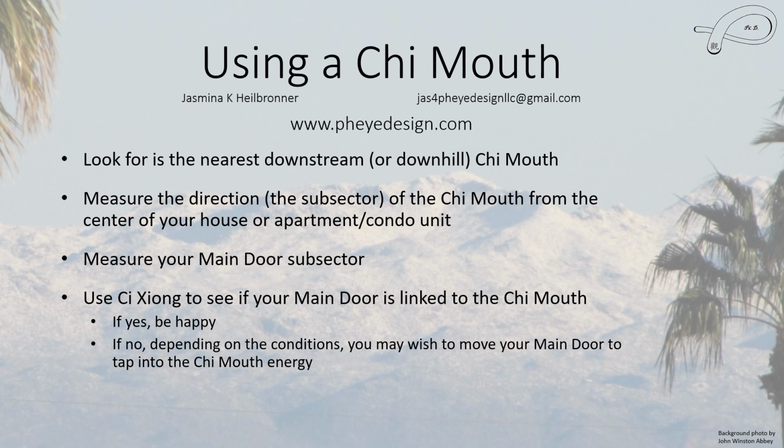If it's no, if you don't have that link, then depending on the conditions, you might wish to move your main door to be able to tap into that chi mouth energy. But if you're in an apartment or a condo, you probably cannot. And if you're renting, you probably cannot. But if you own the house, you may be able to. However, there is an exception, and I do discuss that in the Chi Hung video. Again, you can see that for more details.